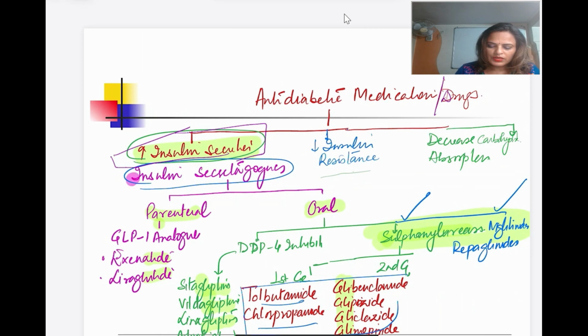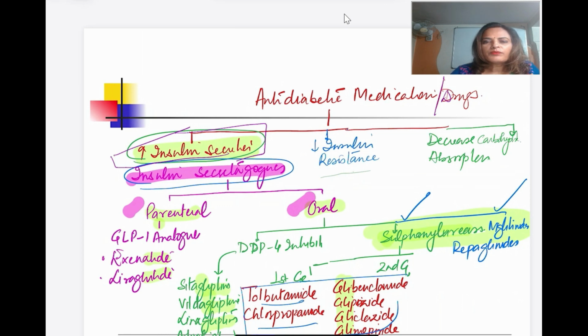They are also called insulin secretagogues. These we further classify into parenteral and oral. This whole thing, oral and parenteral, I covered in my previous video. If you haven't watched that video, I will be giving a link in the description box. You can go and watch that video also.